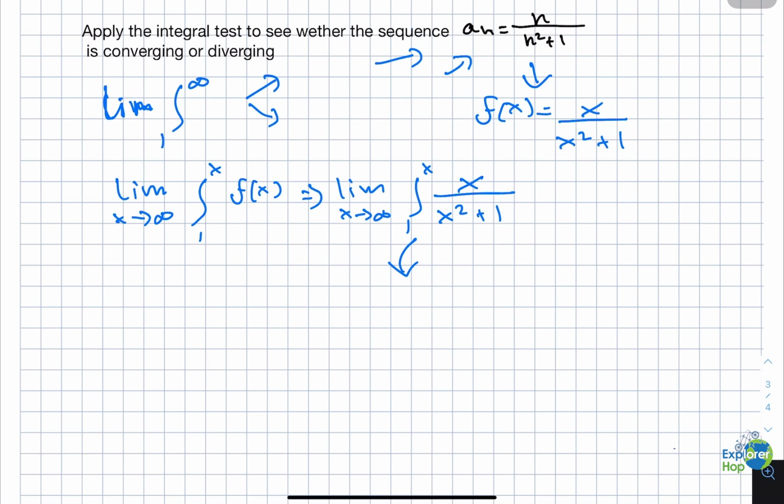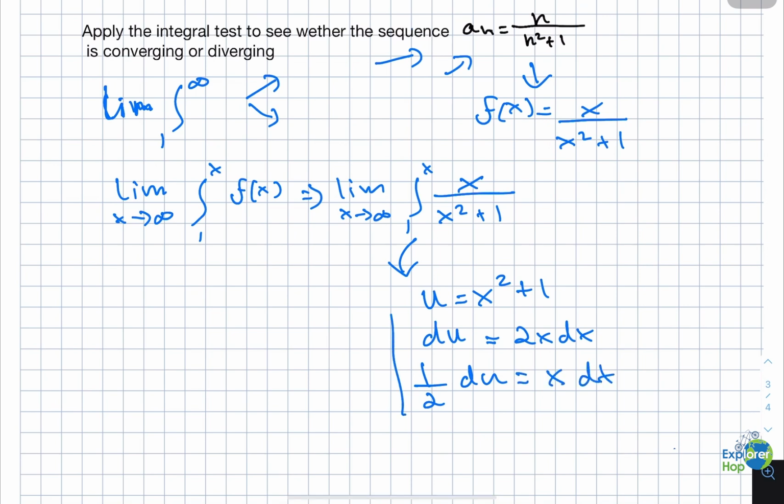We can solve this by taking u as x squared plus 1 and du as 2x dx. Therefore, half du equals x dx.